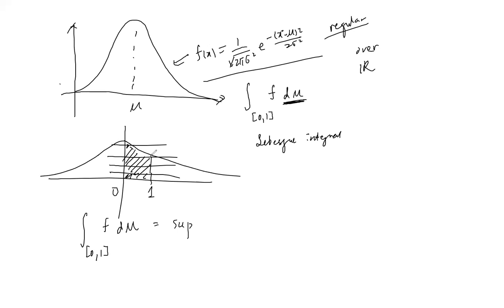In this case, you will probably just get some bars like this. Maybe you have one more here, then maybe another there. Then you make it finer, right? But you're still basically trying to find the area under the curve from 0 to 1.